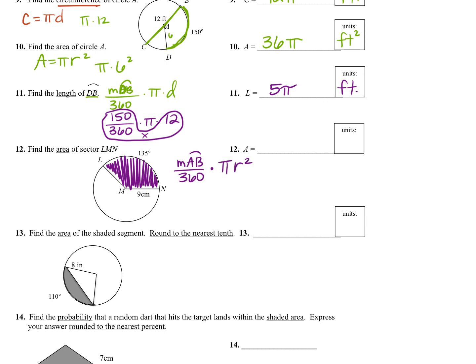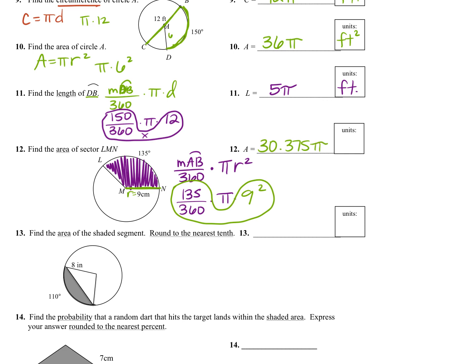So if the measure of the arc is 135 divided by 360 times pi, your radius is the one that's given here. This is 9, that's a radius. So 9 squared, right? And then you'll plug this into your calculator. 135 divided by 360 times 9 squared. And you get this number.